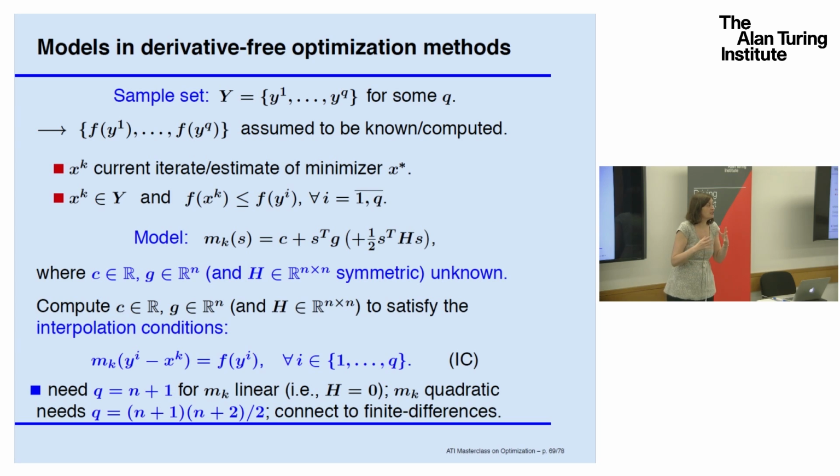I am not going to recompute all that order n set. I'm going to take my worst point from my set Y, replace it by the new, better point that I found, okay? And that's it. I'm going to just update my interpolation set, not recompute it from scratch, just update it.